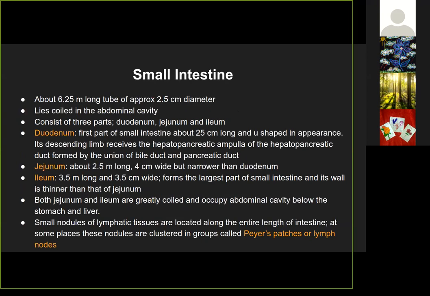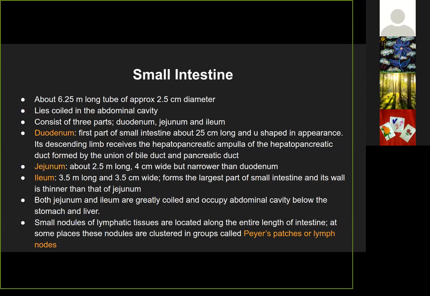Okay, I will move further with the next organ, which is the small intestine. Again, here there is a physical description, parts of it, and then the function. In physical description, the small intestine is usually around 6.25 meter long, a tubular structure with a diameter of 2.5 centimeter, almost 1 inch.